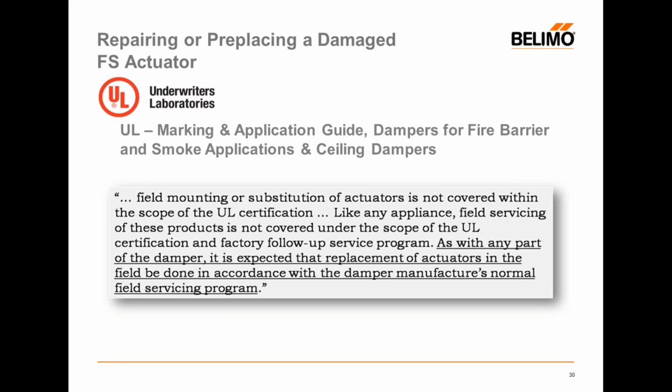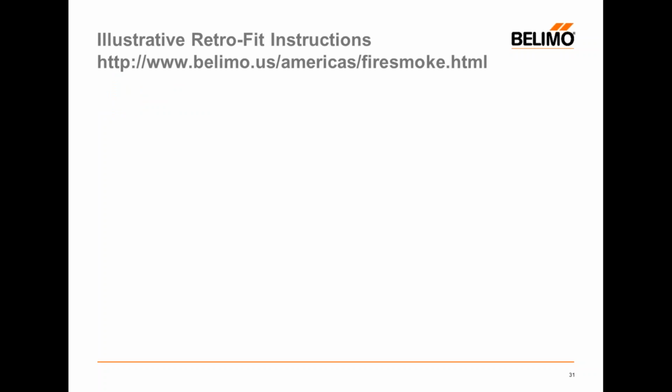According to UL, as long as the dampers are replaced in accordance with the damper manufacturer's normal field servicing program, it is okay to put new fire smoke damper motors on existing fire smoke damper assemblies without replacing the entire damper assembly, which of course is a whole lot easier than to pull an entire damper assembly out of a wall.